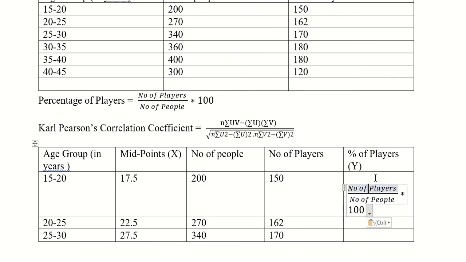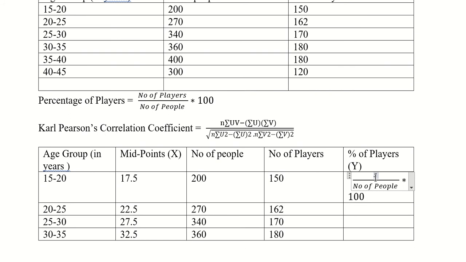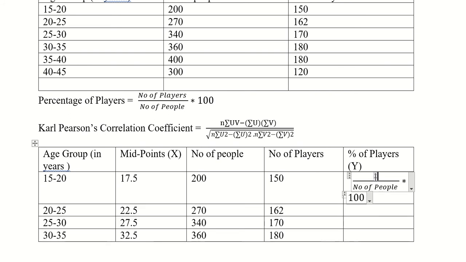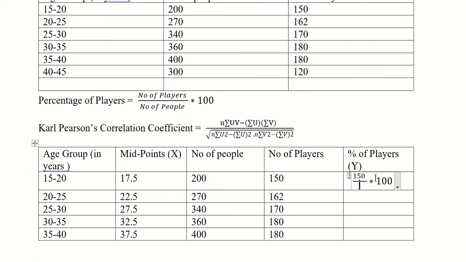So number of players we have here is 150, divided by number of people, which is 200, into 100. So the answer is 75.